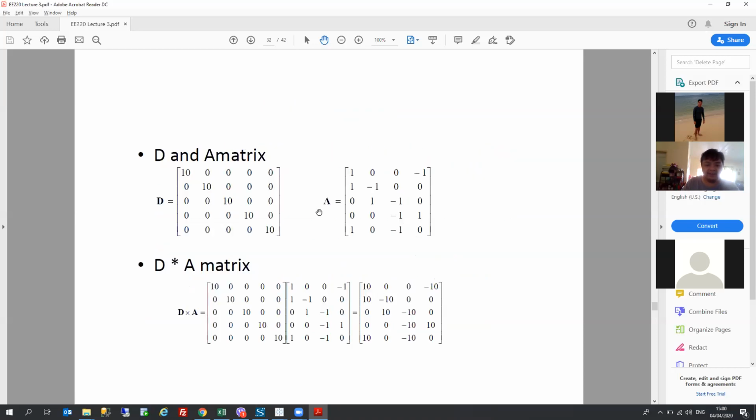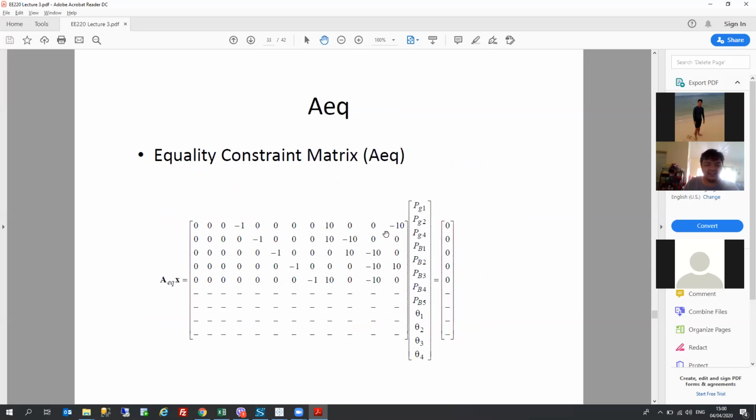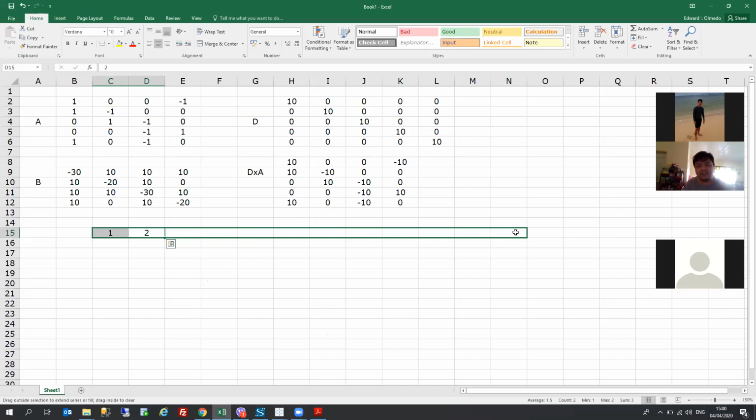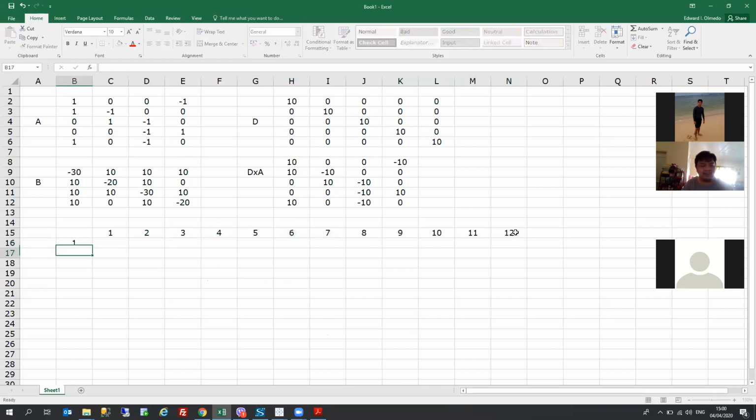Remember the D times A matrix, nakuha na natin yan. Okay? So pag form down ng D times A, yung A equivalent, dito ako sa baba, you have to have 12 columns. Yan. And then we need 9 rows.